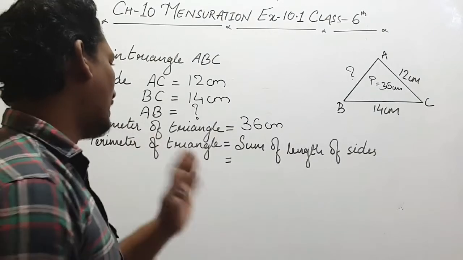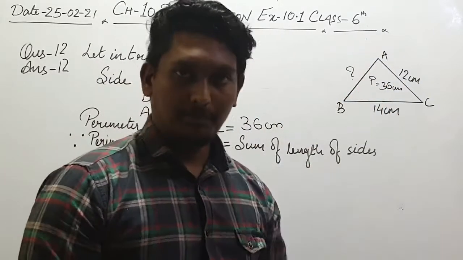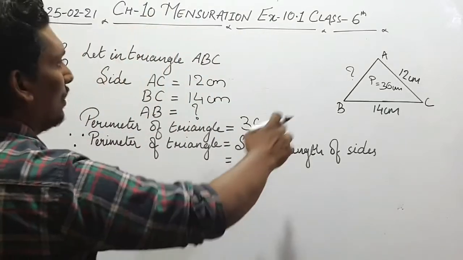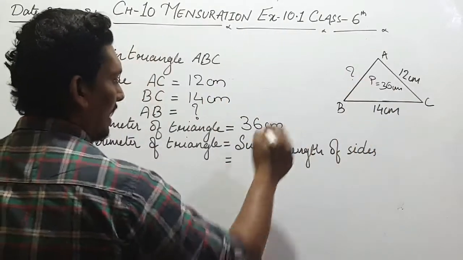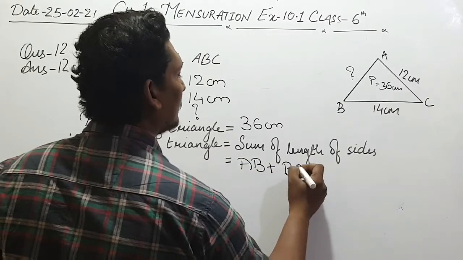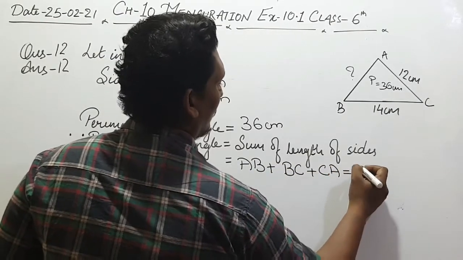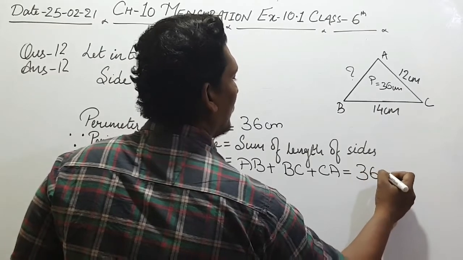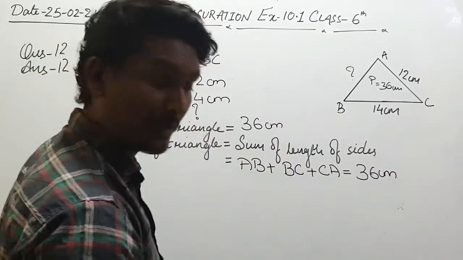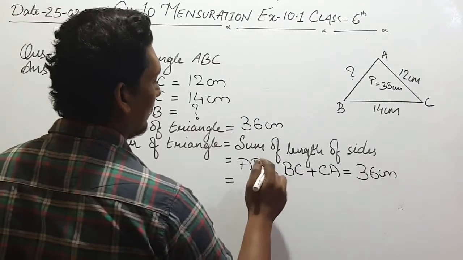The perimeter of a triangle is given as 36 centimeter. To find the perimeter of a triangle, we have to add all the sides, that is AB plus BC plus CA, which is already given as 36 centimeter. What is AB here?